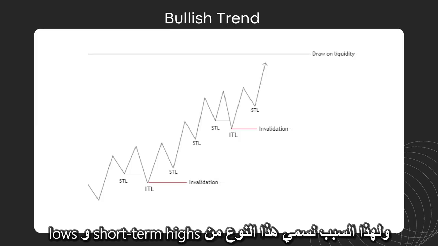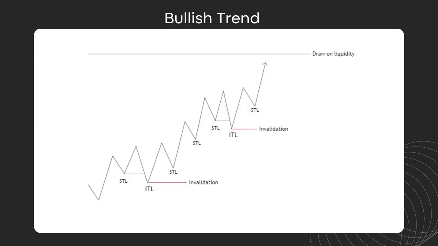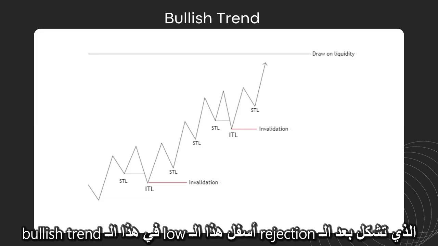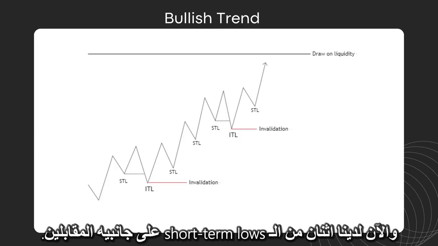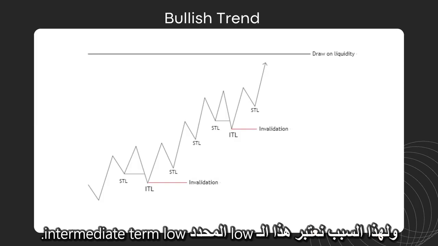And that is why we call these type of short-term highs and lows intermediate term lows or highs, right? And right here you can see that this protected low formed after the rejection below this low in this bullish trend, right? And now we've got two short-term lows to its opposite sides, and that is why we consider this particular low as an intermediate term low.